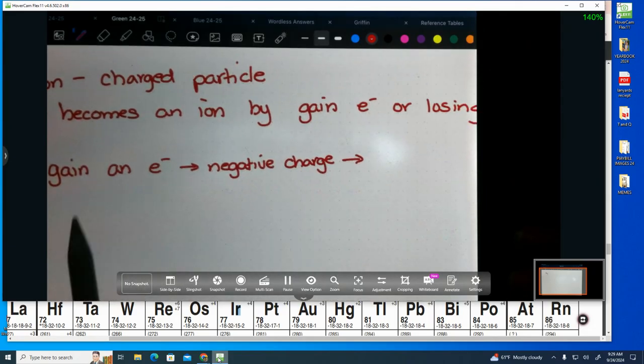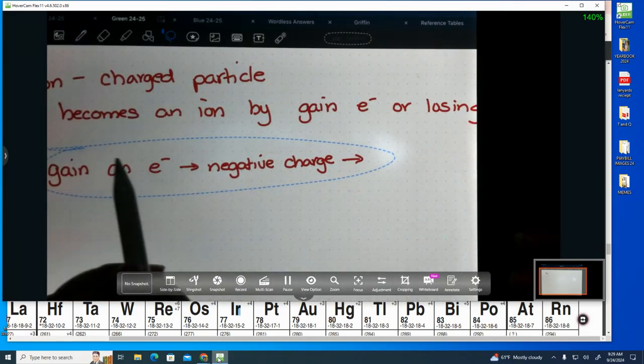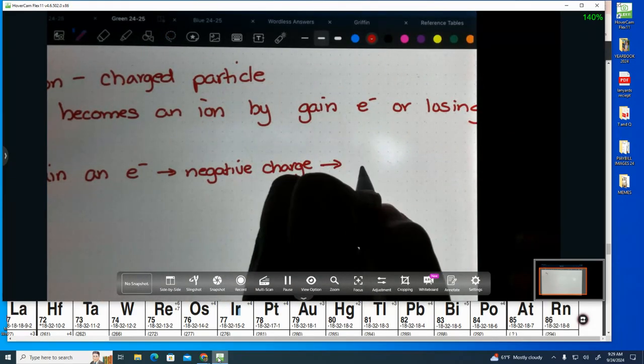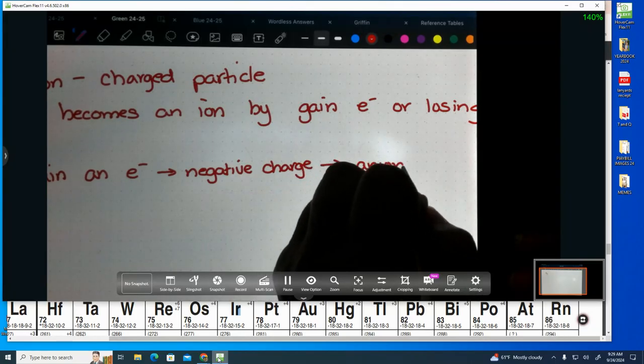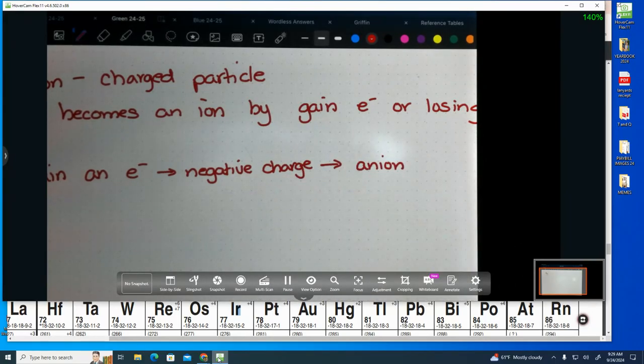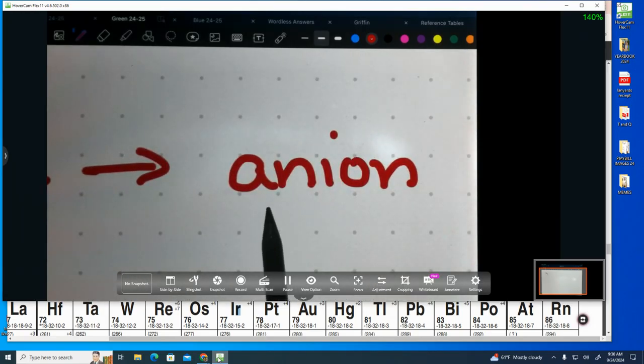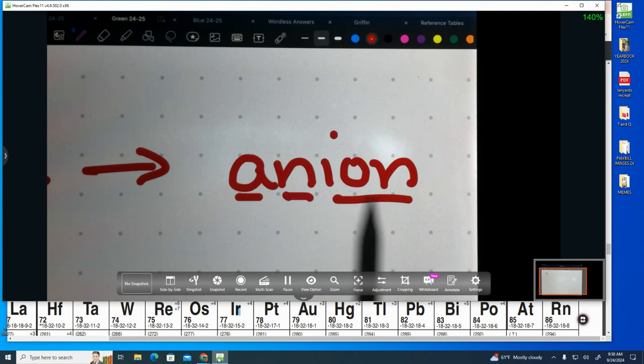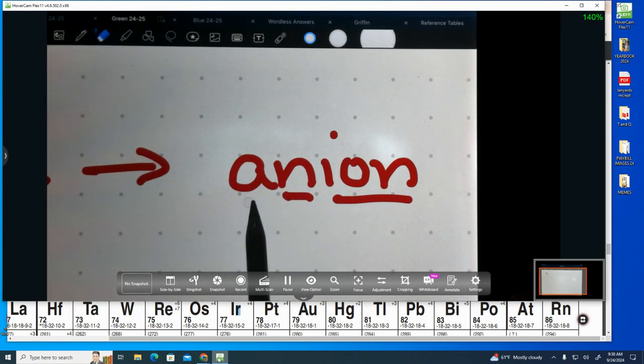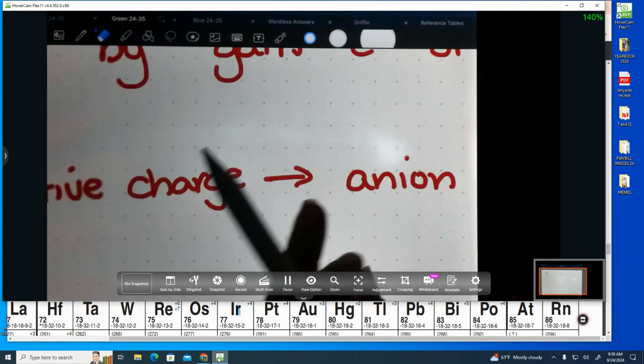I hate to break this to you, but more vocabulary. That is called an anion. A who what? An onion. It's called an anion, a negative ion. Not an onion, but an anion.